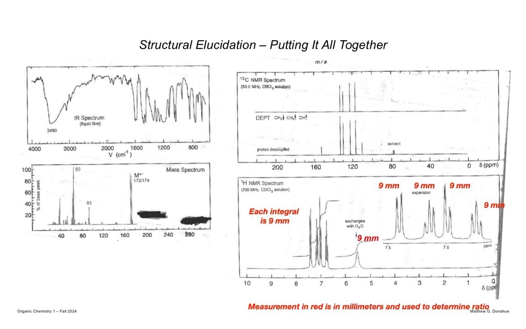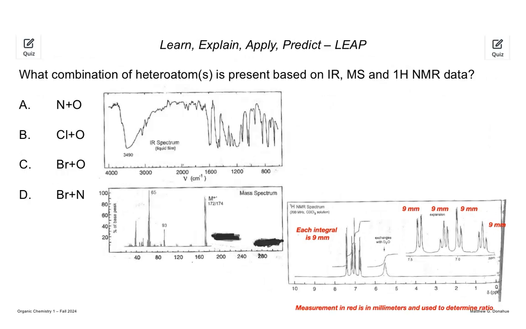So I won't write too much on this. We'll just walk through the slides to show you the bigger pieces of information we want to pull out first that can help us start to put together a molecular formula. That's under that black mark. That's the molecular formula. That's the first thing to determine. So looking at the IR, the mass spec, and the proton NMR, what combination of heteroatoms is present?